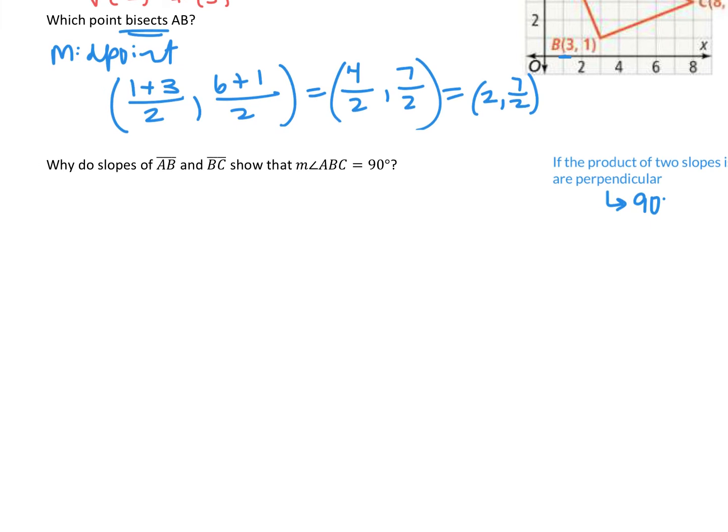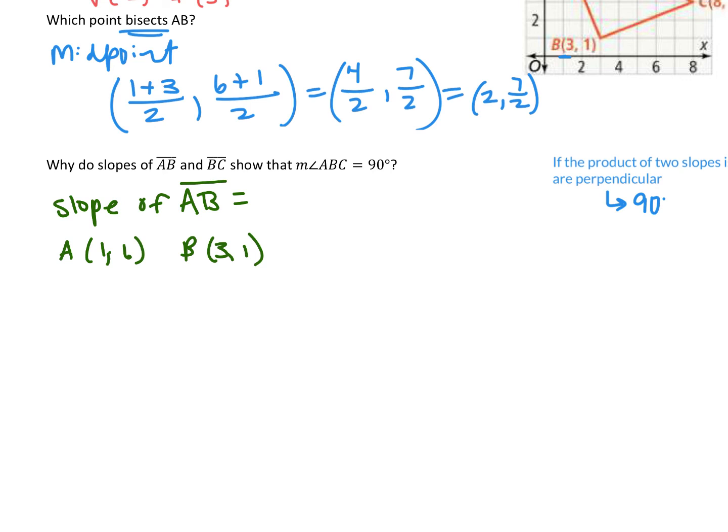So let's find the slope of AB first. AB has two coordinate points. I'll go ahead and write those out. A is (1, 6), and B is (3, 1).